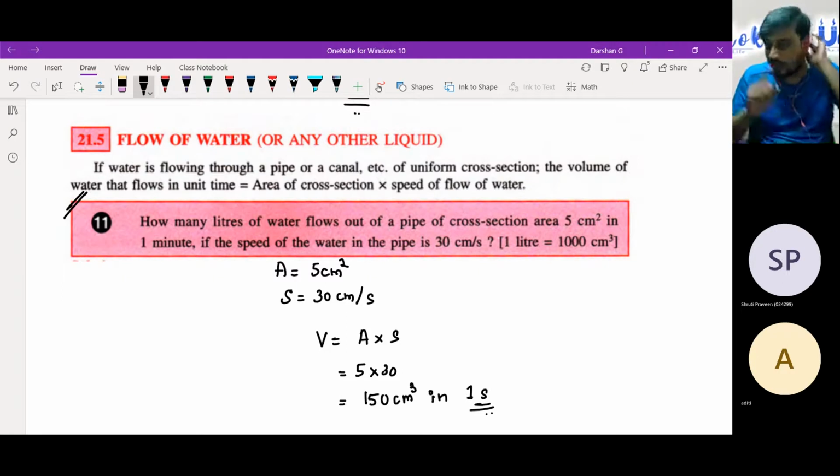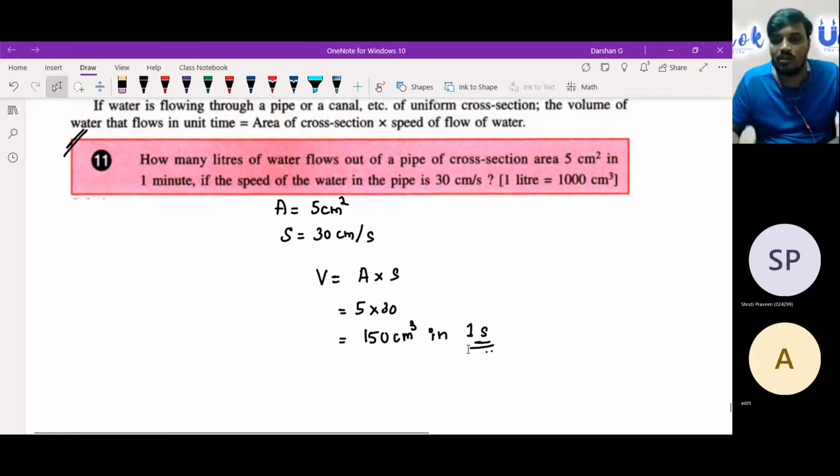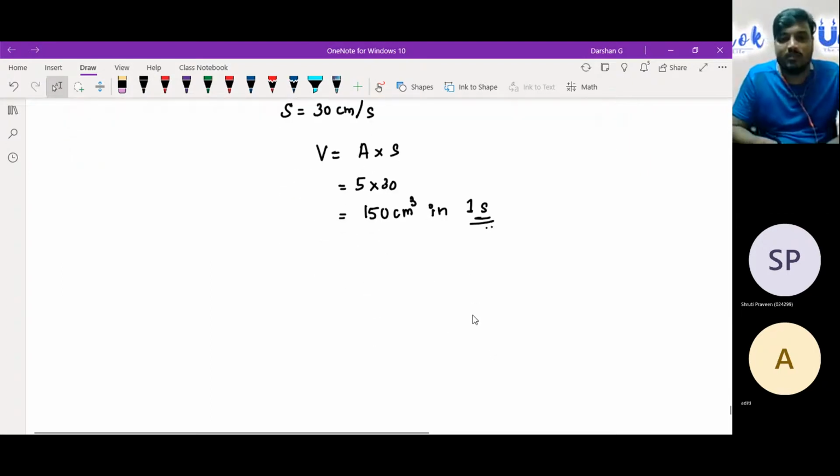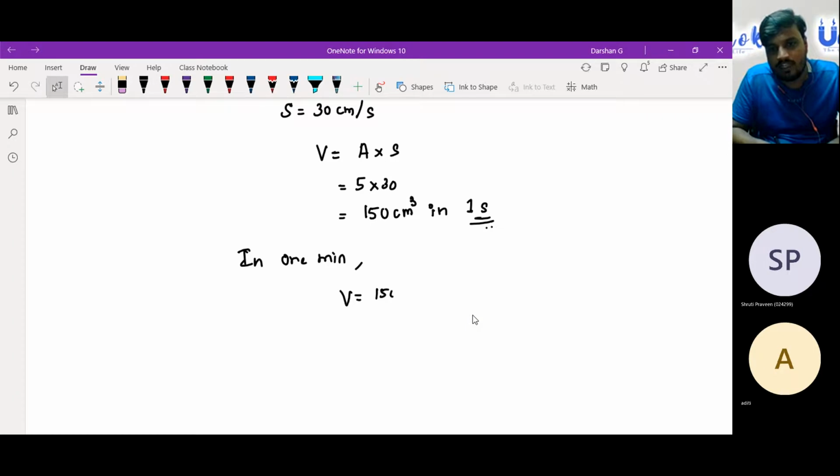This is very, very important. If you don't know it is 1 second, you're going to go wrong. Now they're asking 1 minute. In 1 minute, the volume would be 150 centimeter cube, which is for 1 second, into 60. That would come up to be 9,000 centimeter cube.